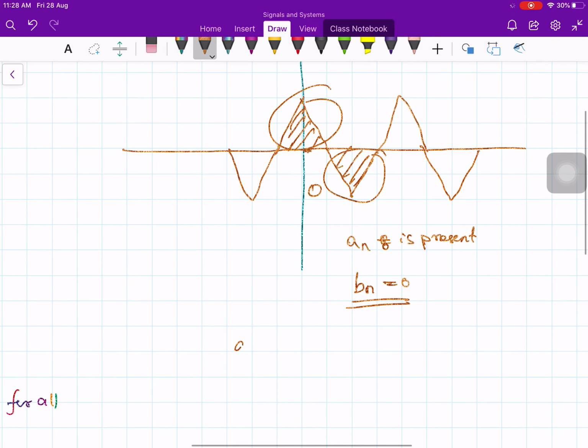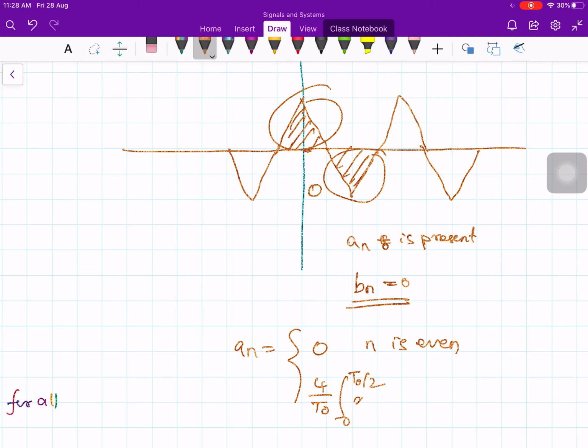Therefore an is equal to 0 when n is even, and an is 4 over t naught integral of 0 to t naught by 2 of x of t multiplied by cos n omega naught t dt, where n equals 1, 3 and 5.